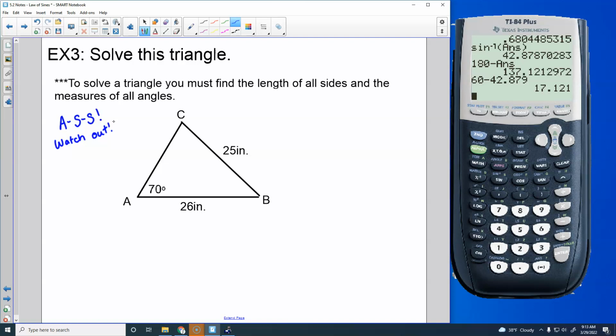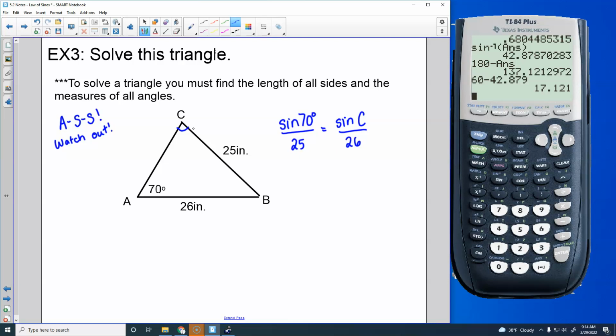So, Braden, what would I do to set this one up for that first step? Sine C, good, over 26. And we're going to have to find sine angle C first, because that's the only one that we have the side across from.